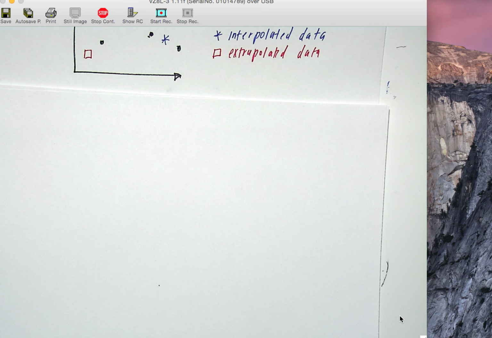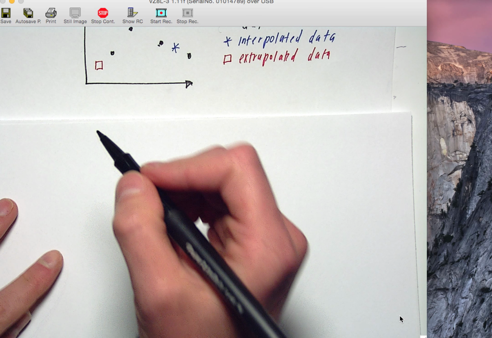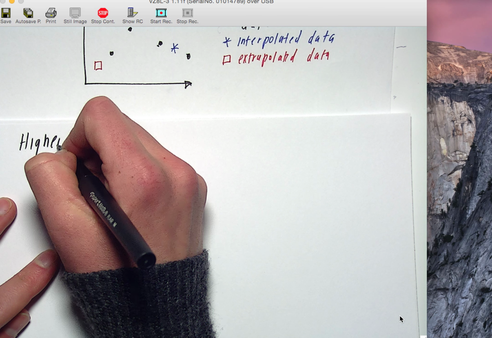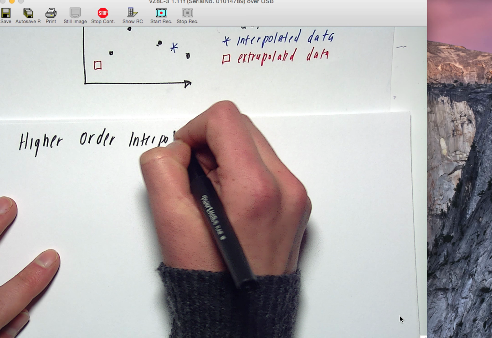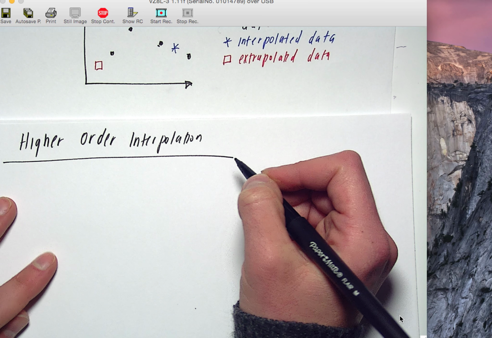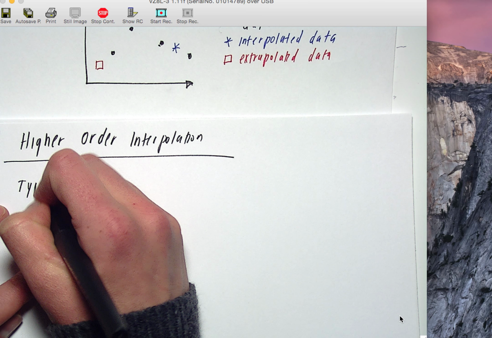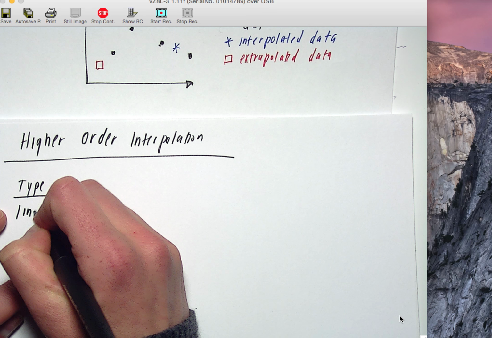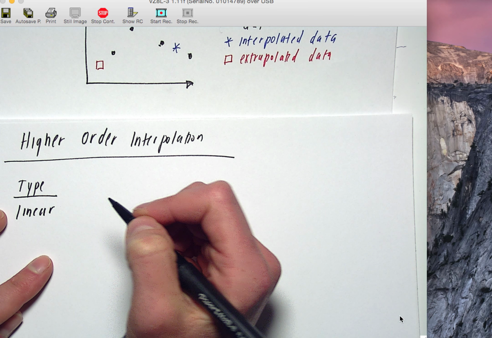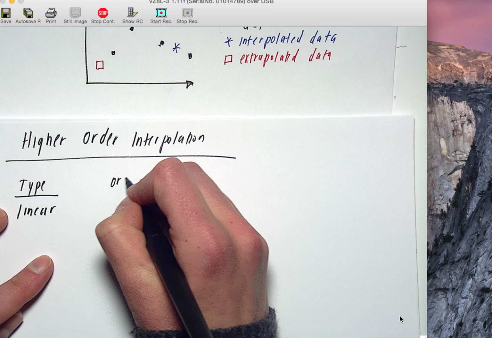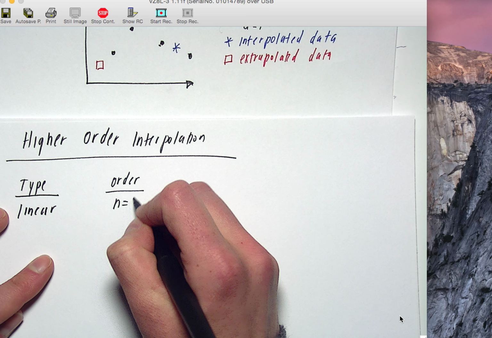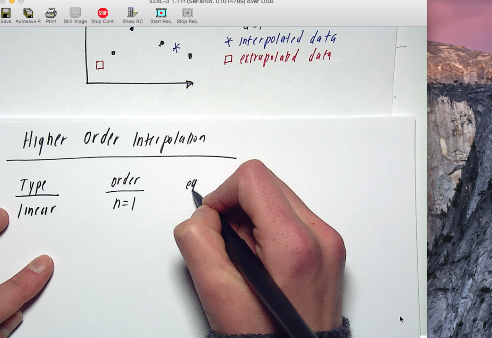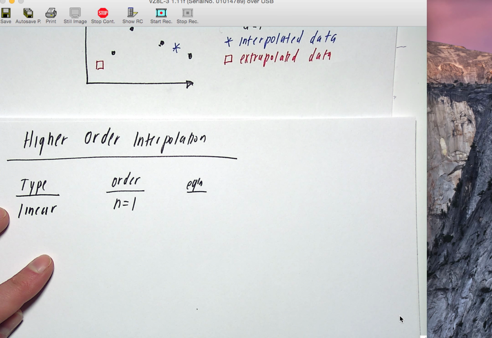The last thing that I wanted to talk about is higher order, which you might have noticed was a topic of this past quiz. So we did linear. Linear interpolation is equivalent to a first order polynomial, right? This will also help you a little bit with using the intrinsic interpolation functions.